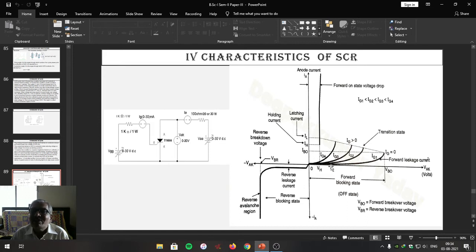Basically, in this particular region it doesn't conduct current, but due to minority charge carriers, some amount of leakage current flows up to this particular voltage, that is known as VBO.